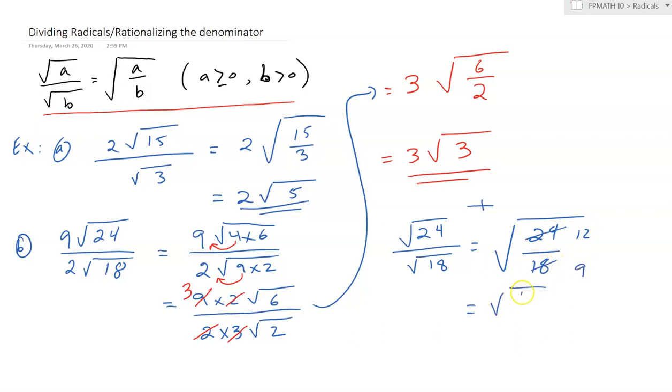So we have square root of 12 over 9. What else could we do? Yeah, 3 goes into both of them. 3 goes into 9 3 times, and into 12 4 times. So now we have square root of 4 over 3, and the square root of 4 is 2, and root 3 stays in the bottom. So we could have done that and then incorporated this with everything else in front, and there's nothing wrong with that. It's just that if you simplify it first, it becomes easier.